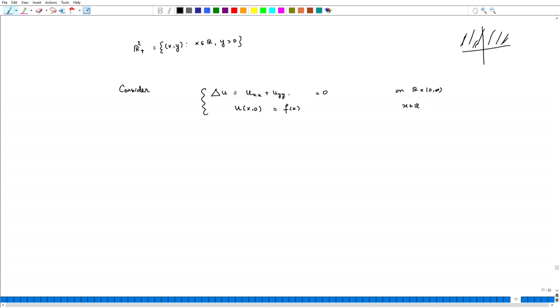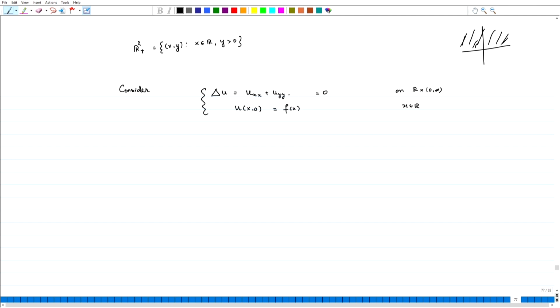This is the equation we are considering. There, u_xx was equal to u_y, that is the heat equation, and this is the Laplacian equation we are considering in the upper half plane.